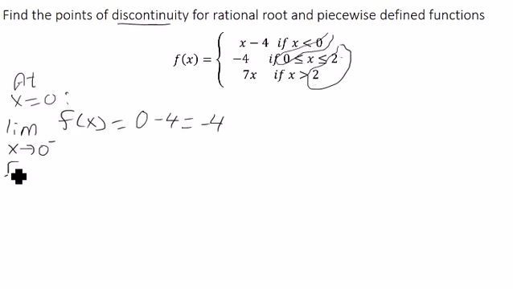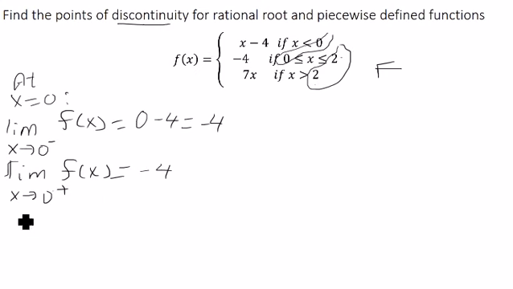The right hand limit is limit x goes to 0 plus f of x, and we're going to look at the second branch because this time x is to the right side of 0. So we're looking at the second branch in this case. So we have negative 4 for that value because there is no x to be replaced by anything.